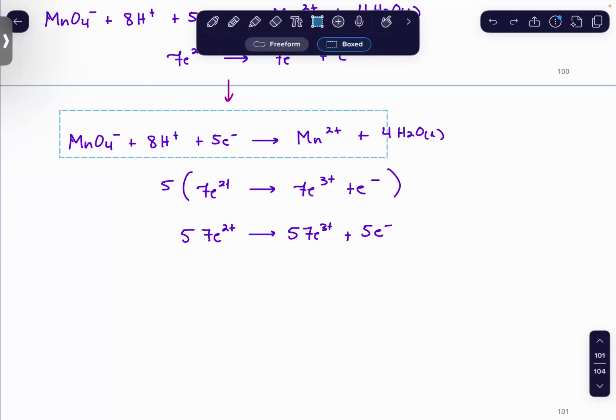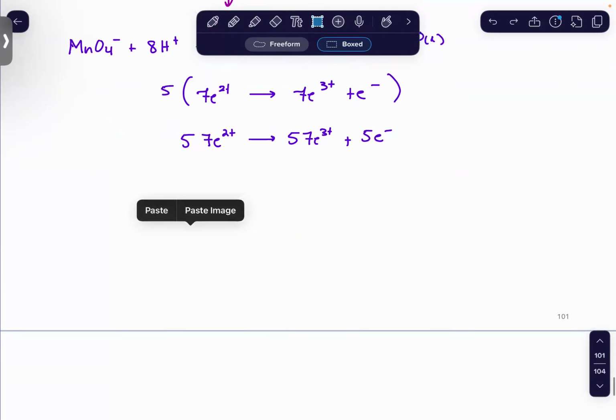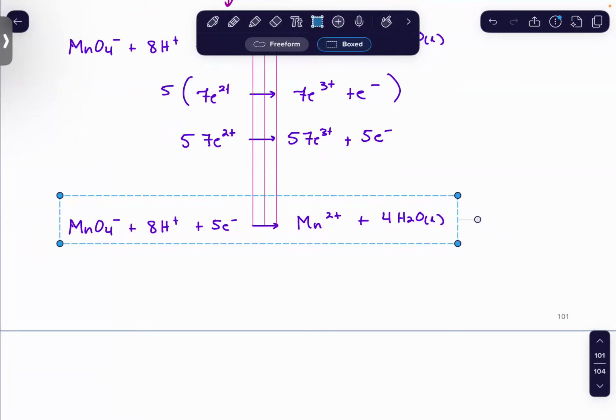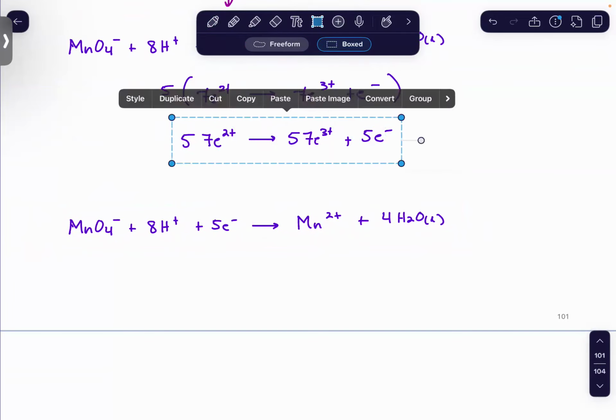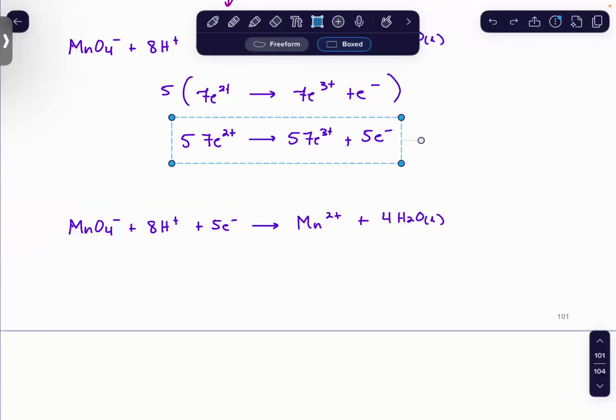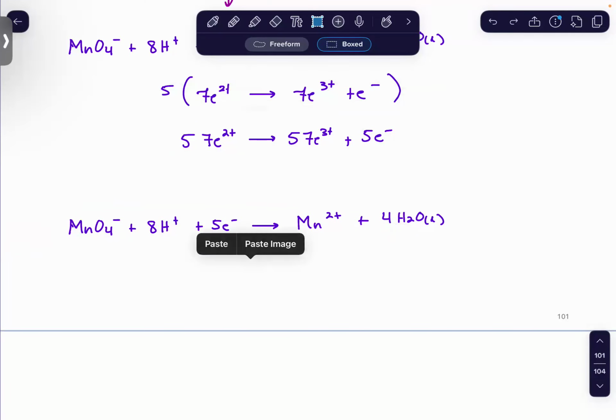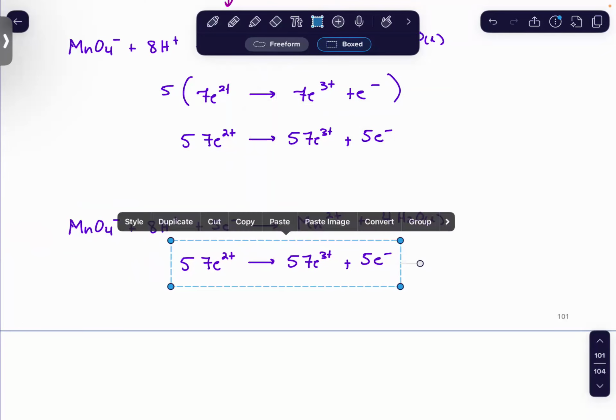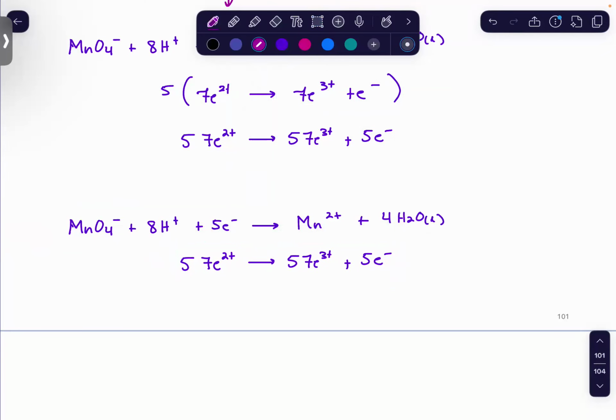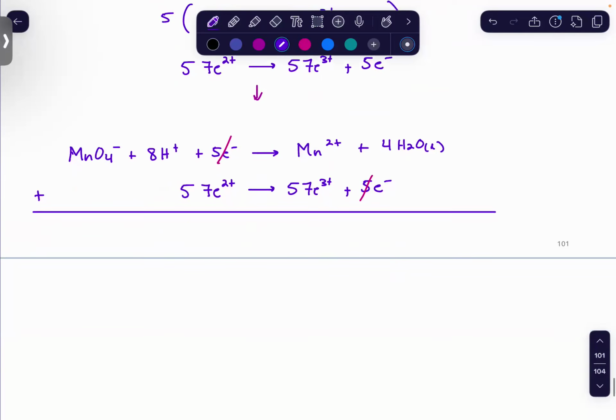Okay, and we notice again, 5 electrons are gone. They cancel.